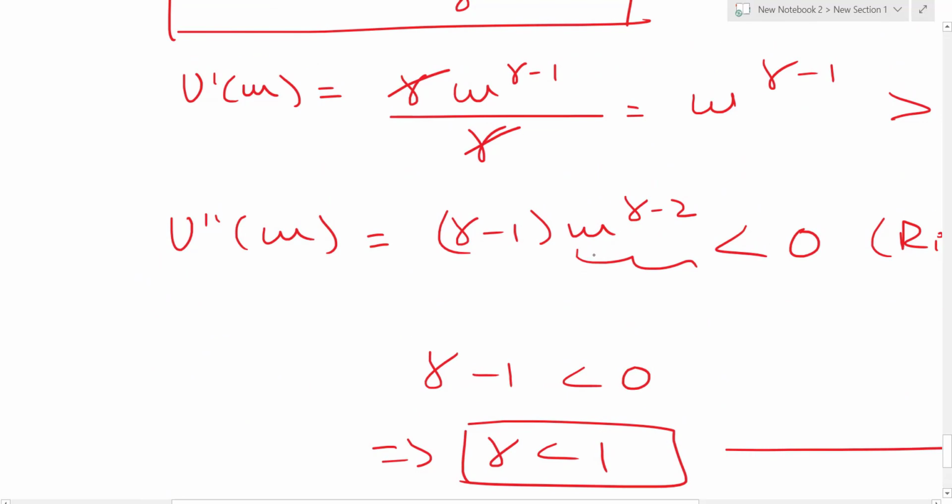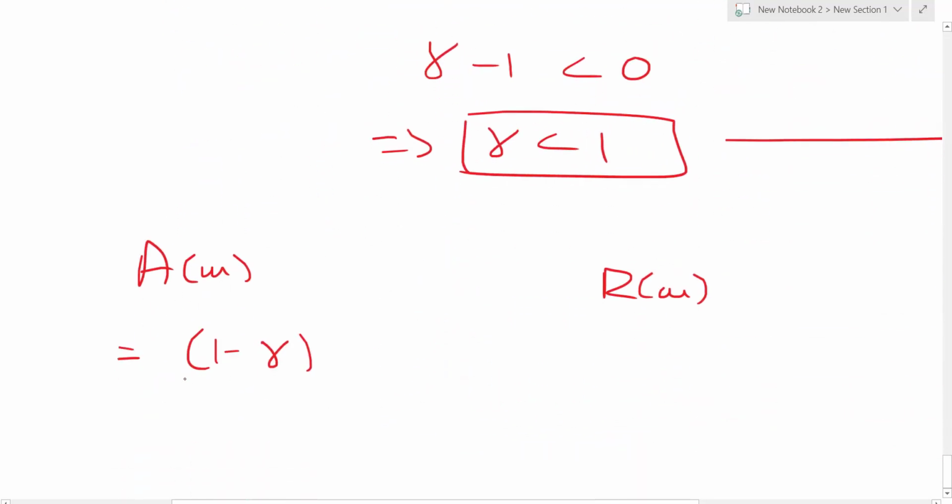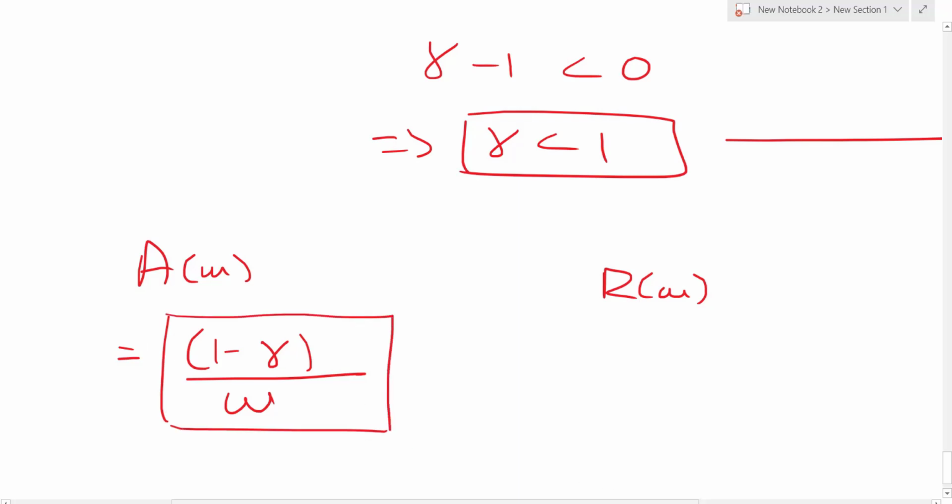And this would be divided by W. And the relative risk aversion would be a constant, as I told you. If you multiply this with W, you'll get 1 minus gamma. Since gamma is less than 1, 1 minus gamma is positive, and this is also positive.